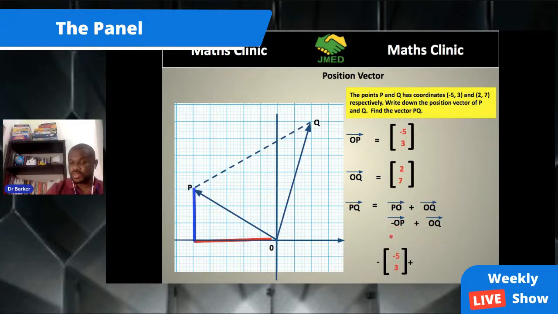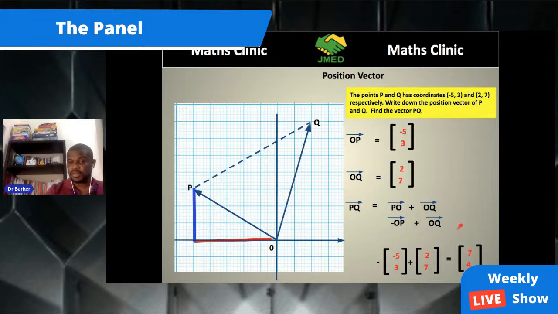We know OP, so I'm putting a minus sign in front of it, okay? And we know OQ, which we don't need to do anything with because we know this already. Minus minus 5 will give you positive 5, agreed? Positive 5 plus 2 should give you 7. And then minus 3 plus 7 should give you 4.